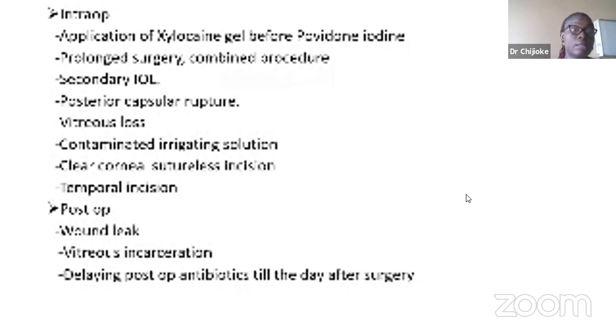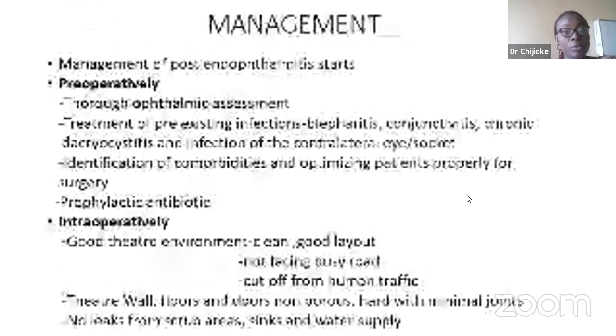Other risk factors: prolonged surgery or combined procedure, especially with vitrectomy, secondary intraocular lens, posterior capsular rupture, vitreous loss, contamination of irrigation solution, clear cornea sutureless incision, temporal incision. For post-op, we have wound leak, vitreous incarceration, delaying post-operative antibiotics till the day after surgery.